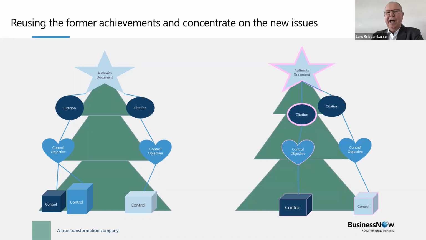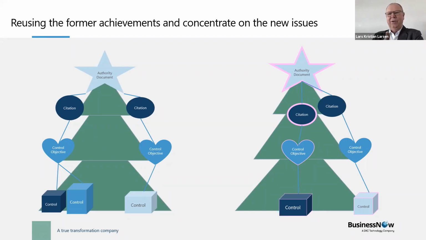So suddenly a new authority documentation arises on the horizon, something new that we need to comply with. So we have another star with a little pink area around it, where something new is going into our organization. If we look at it in that situation, we should compare it to what we're already doing.